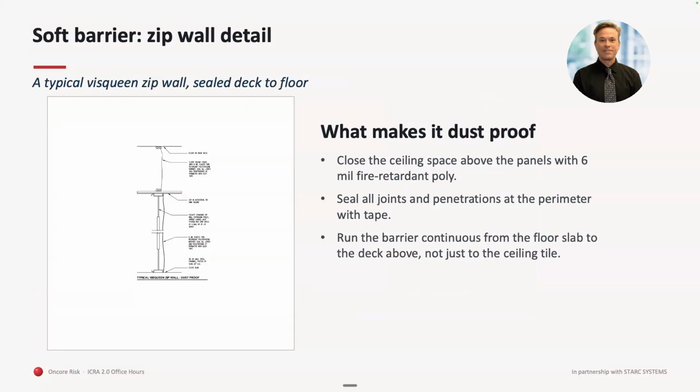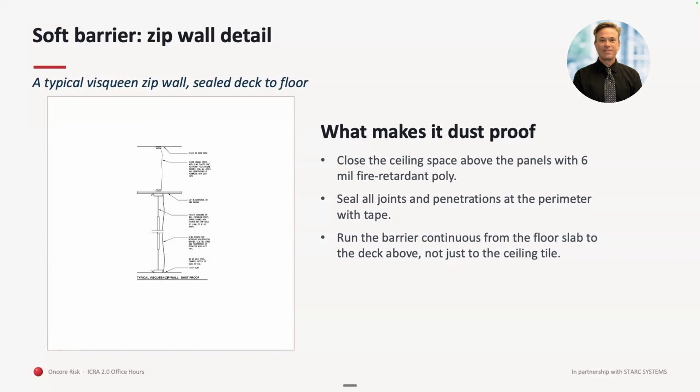So what makes a wall dust proof in this schematic, which we go over in the class pretty closely, is it goes all the way to the deck. So that means if you have a ceiling tile that is intact, meaning the ceiling tile is generally 20 to 30 minute rated, an Armstrong ceiling tile, and that's why we put sprinkler systems below ceilings and not up above.